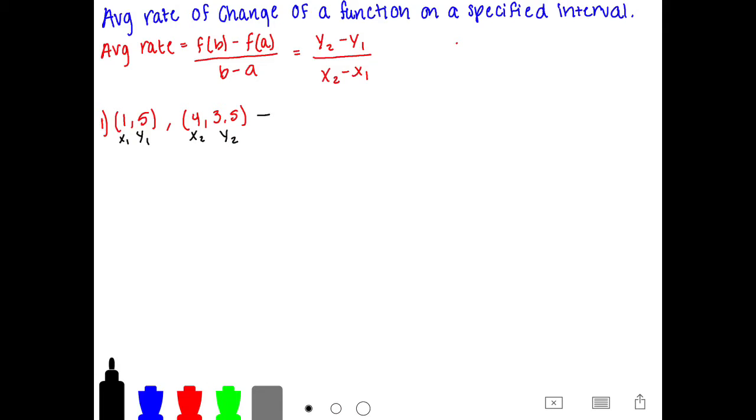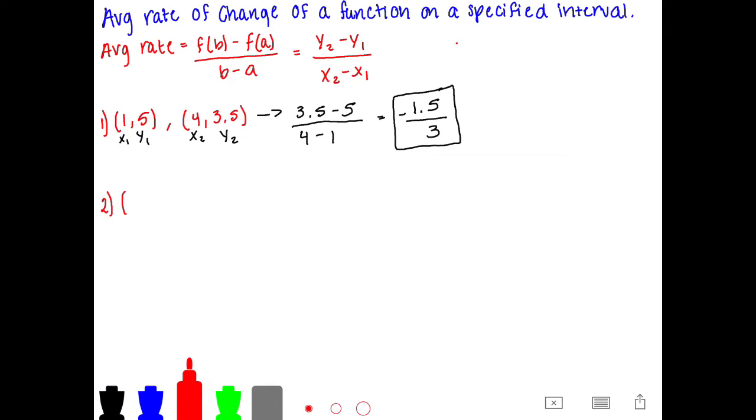I'm going to label each interval x1, y1, x2, and y2, and then plug it into the slope formula, which is the second one. And we have 3.5 minus 5 over 4 minus 1, which is equal to negative 1.5 over 3. And that is your average rate of change.